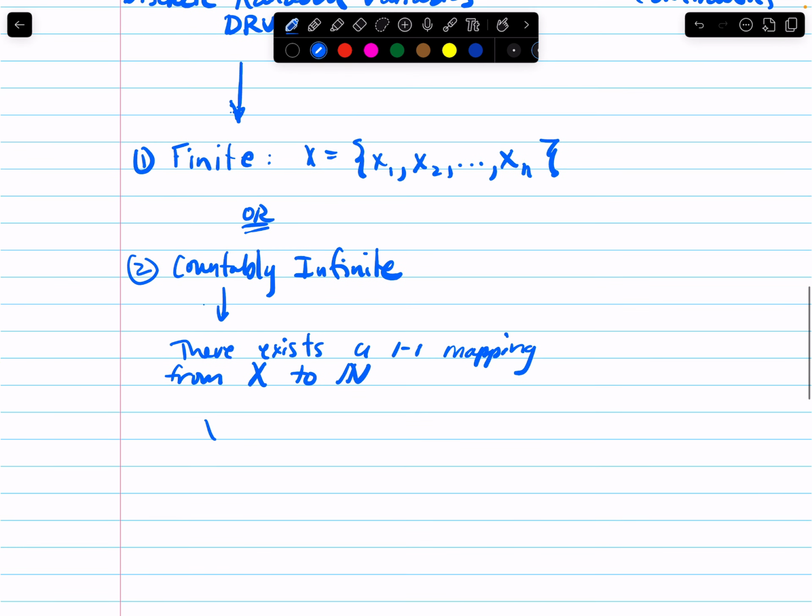So you could literally enumerate them, such as x1, x2, and so forth, up to forever. Examples of this would be the integers, or the rational numbers, or the even integers. All those are countably infinite sets. And so if our random variable takes on countably infinite values, then it is a discrete random variable.